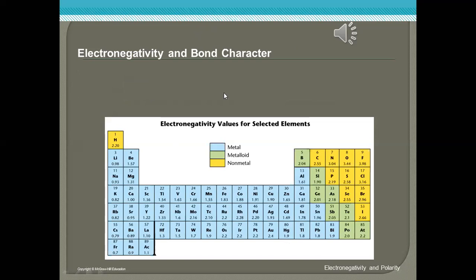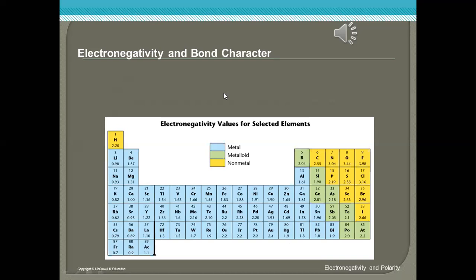Listen, guys. Noble gases can't form any compound because their outermost energy level is completely filled with electrons. So they don't lose, gain, or share electrons. Noble gases can't enter any chemical reaction.